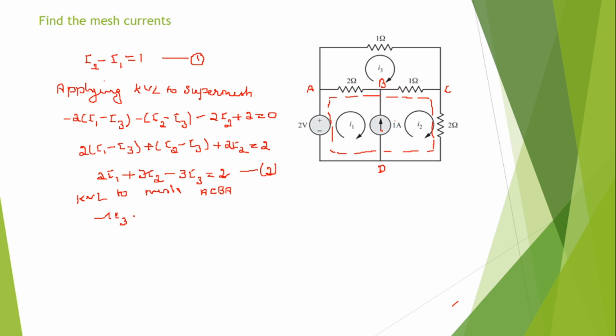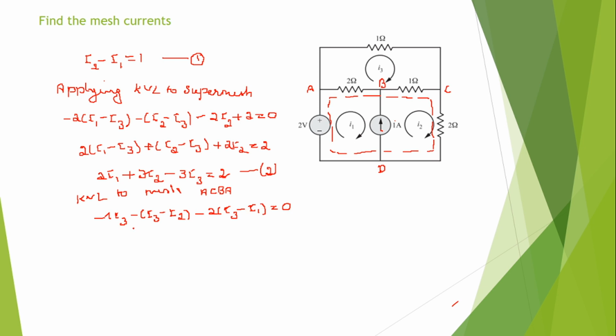C to B, I3 minus I2 flows in the direction C to B. So minus (I3 minus I2). Then the current flowing from B to A is I3 minus I1, so the voltage drop is minus 2 into (I3 minus I1), equal to 0, because no source voltage is present in the mesh.